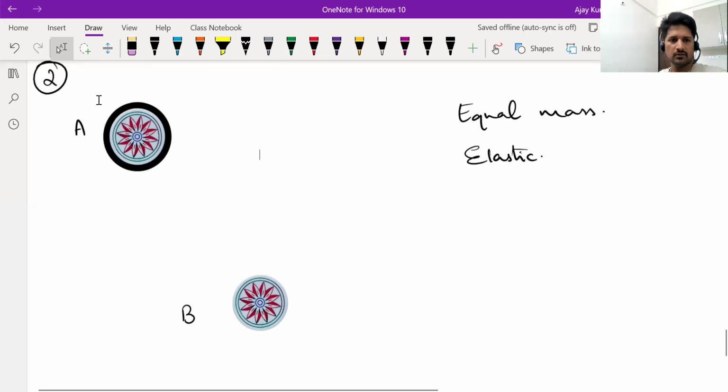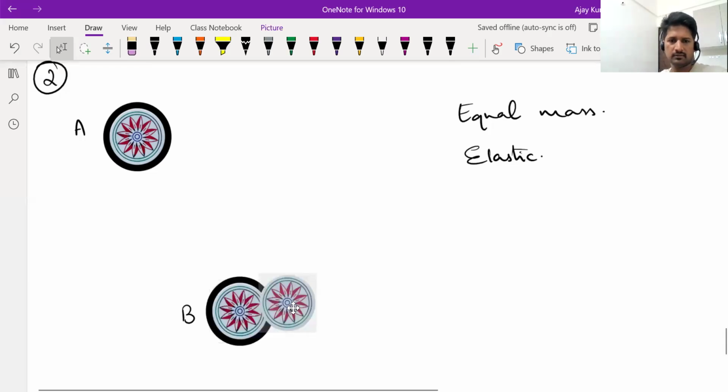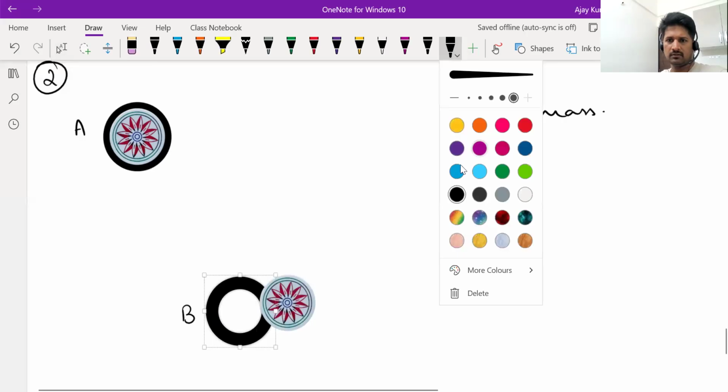Okay, so let's assume this is one striker in black. The other one I will take in blue.